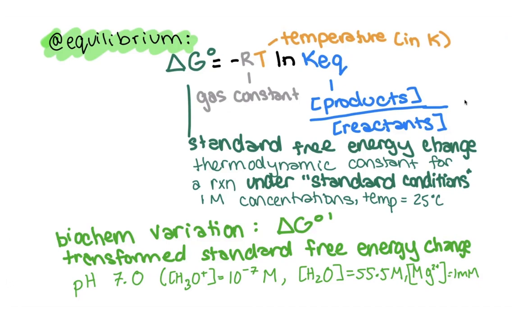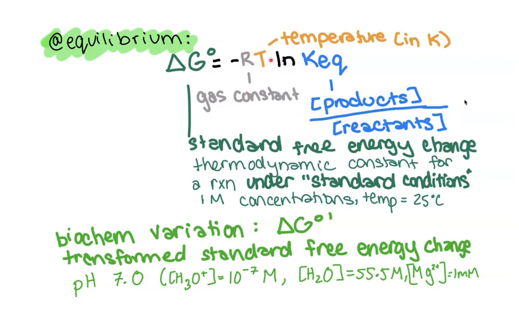So going back to that KEQ, we can think about delta G naught in terms of our KEQ. So for a reaction that's at equilibrium, we can determine this delta G naught equals minus RT times the natural log of KEQ, where KEQ, remember, is the concentration of our products over reactants.